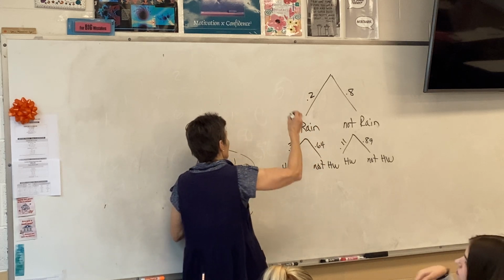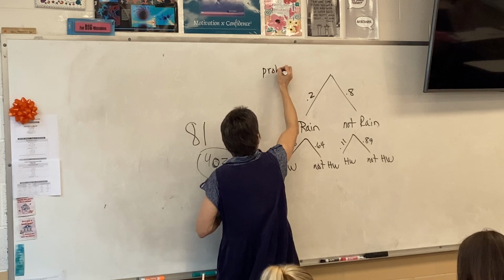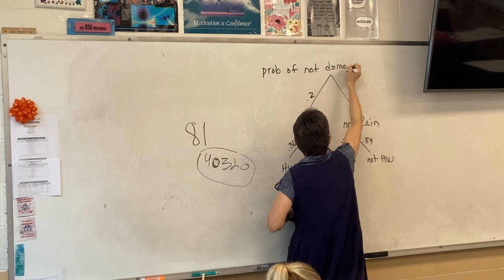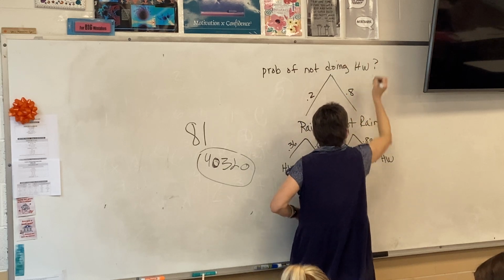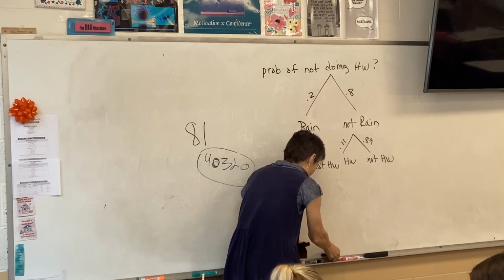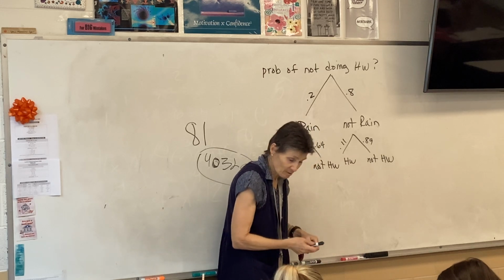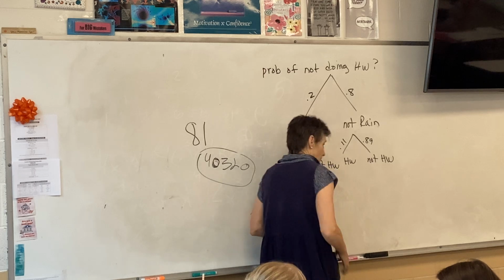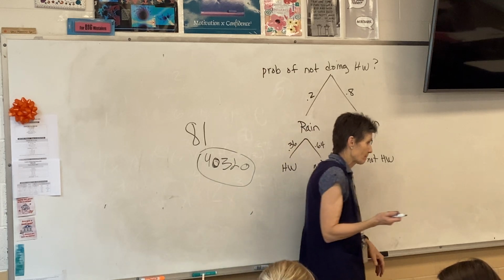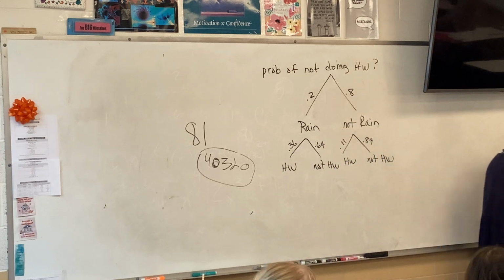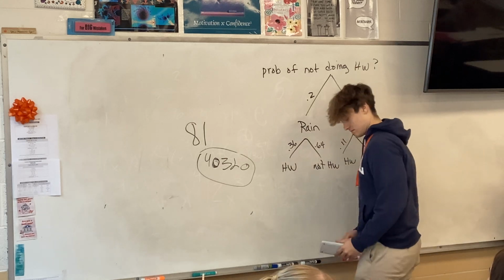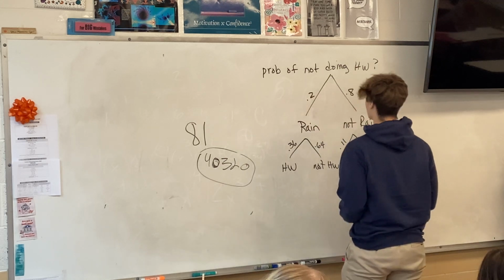I want Owen to come up and find the probability of not doing homework. What's the probability he won't do his homework? If someone still has my green lid. But now I've lost my green marker. Oh, here it is. Girls, none of you walk off with my green lid?